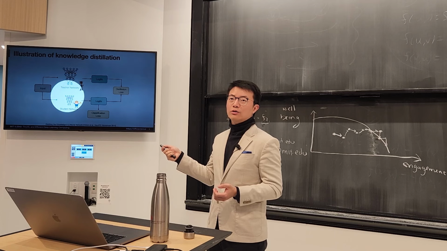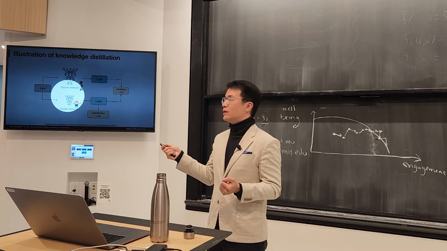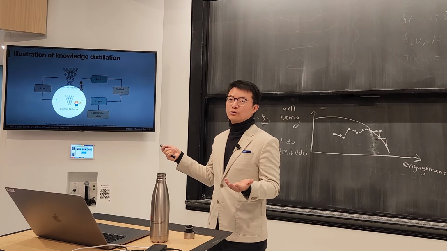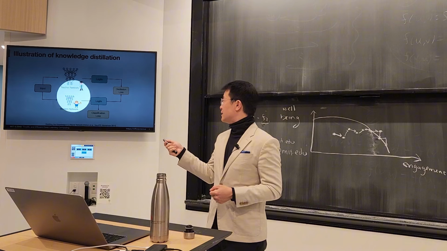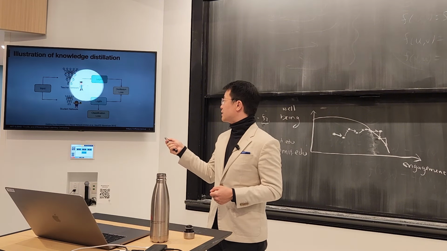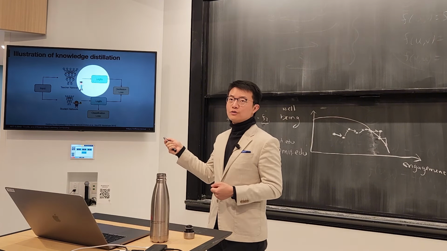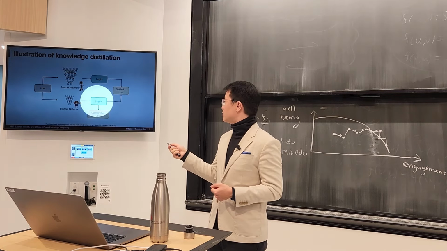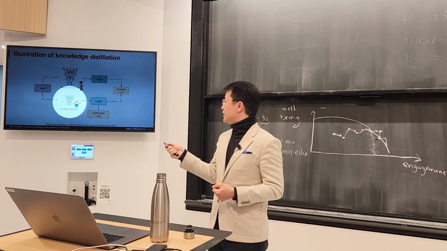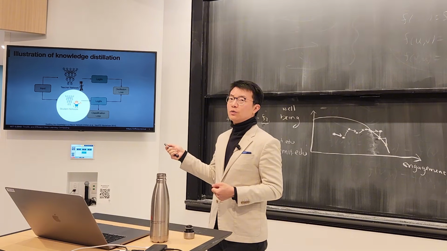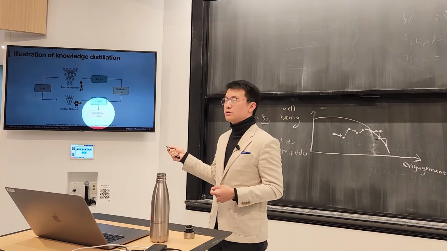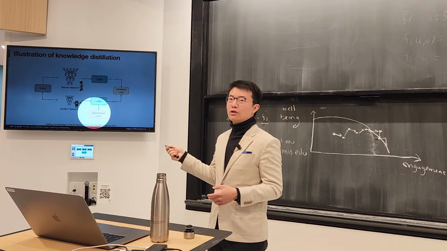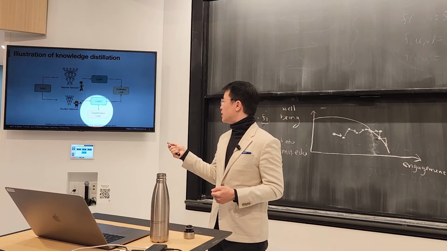And the student model is usually smaller, like Llama 2 7B. Given the input, they both produce some prediction logits, logits 1 and logits 2. And when we are training the student network, we usually have some loss, either classification loss, maybe this is the most popular.